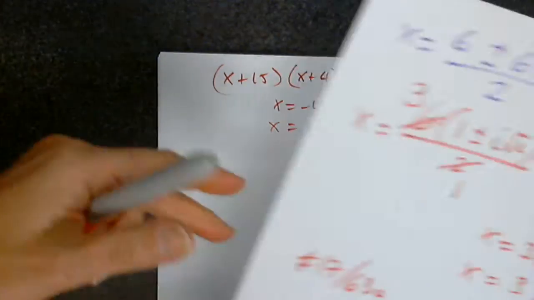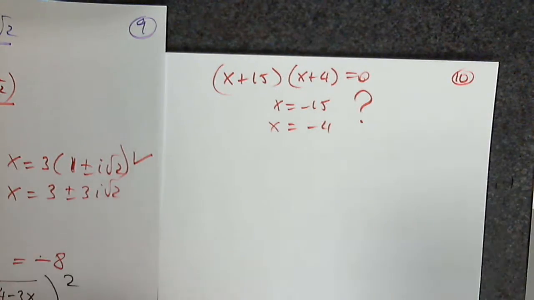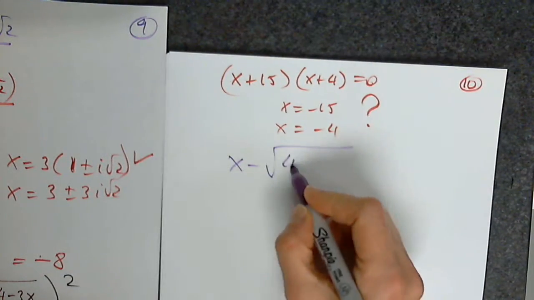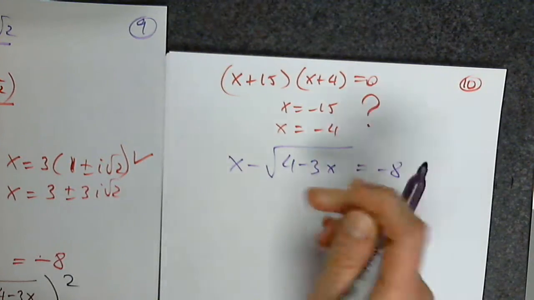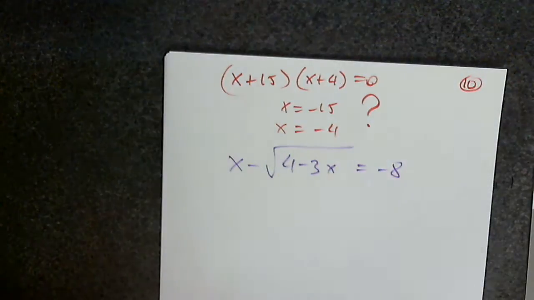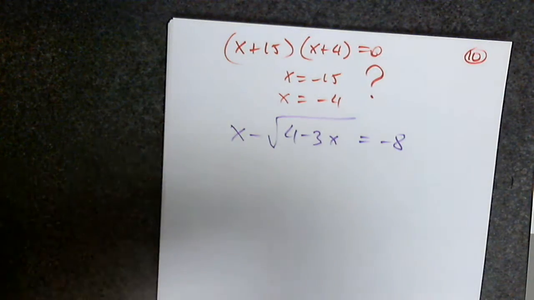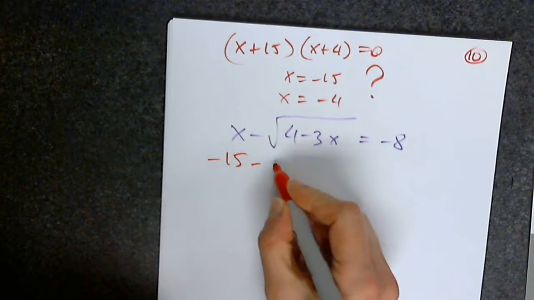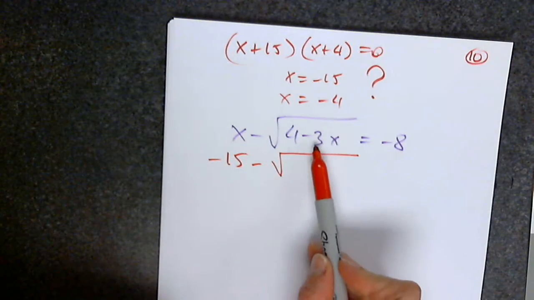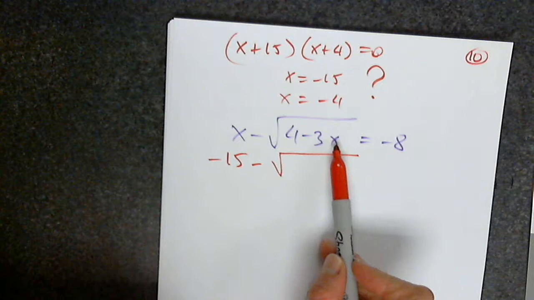Okay, so let's do it by hand then. So x minus the square root of 4 minus 3x equals negative 8. This is the original problem, correct? Okay. So I'm checking negative 15 first. I have negative 15 minus the square root of negative 3 times negative 15.